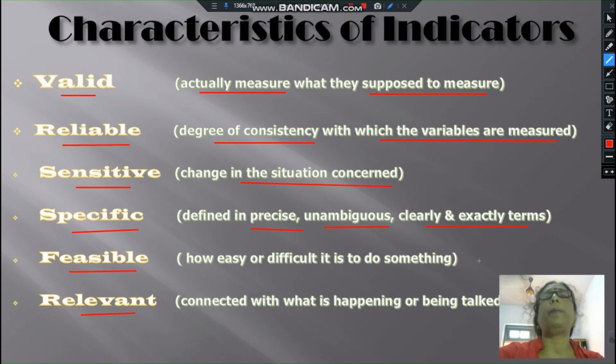For example, in a locality 20 fever cases have been reported. Diseases like malaria, COVID, dengue cause fever. So the indicators of health measure how many people suffer from fever due to malaria, or how many from dengue or COVID. Maybe 15 or maybe 12 out of the 20 people suffer from COVID.